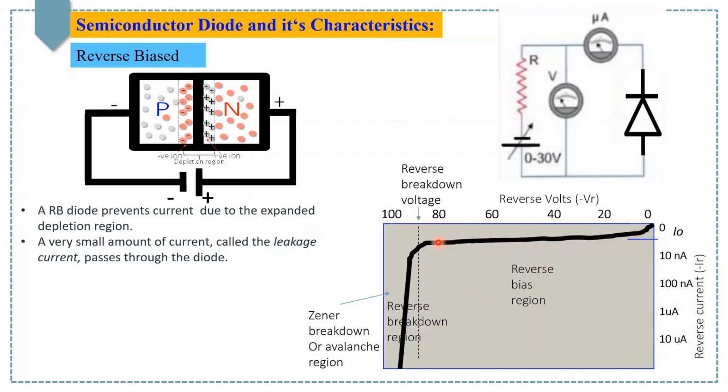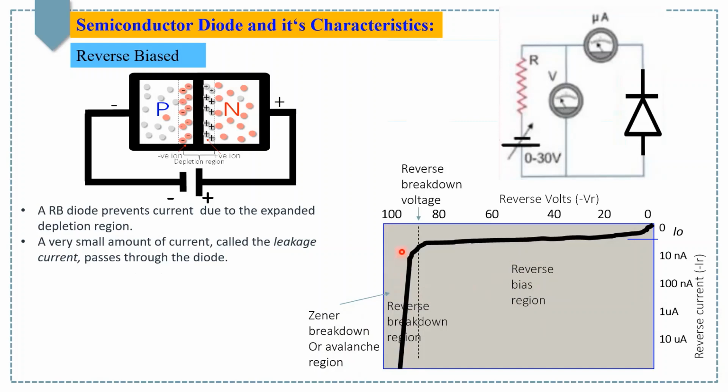When the reverse voltage is increased up to the reverse breakdown voltage, the reverse current begins to increase rapidly. This region is called the reverse breakdown region. This region is also called the Zener breakdown region or avalanche region.